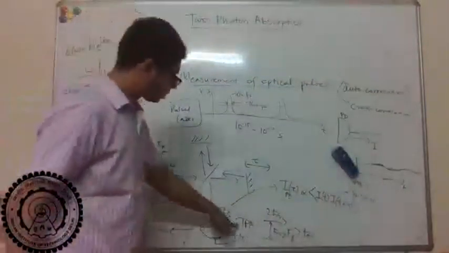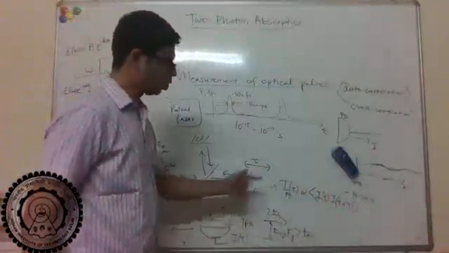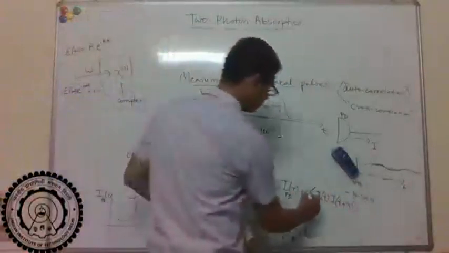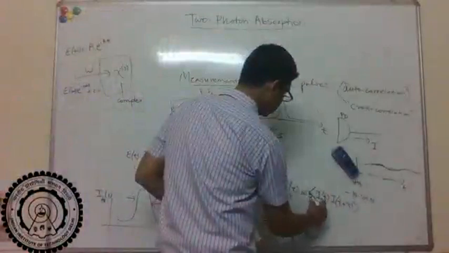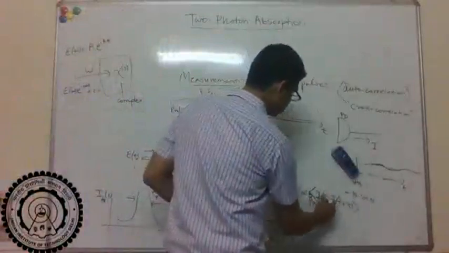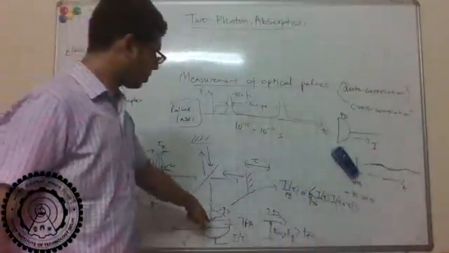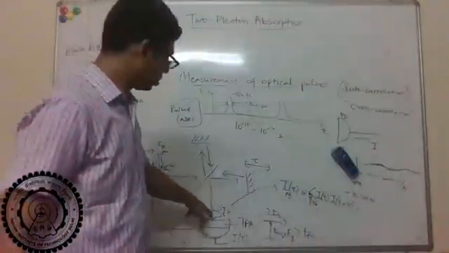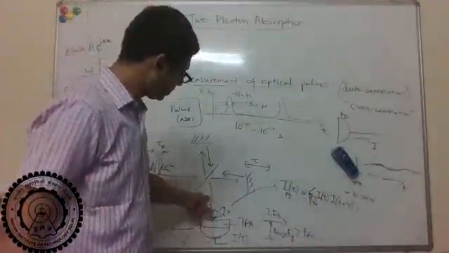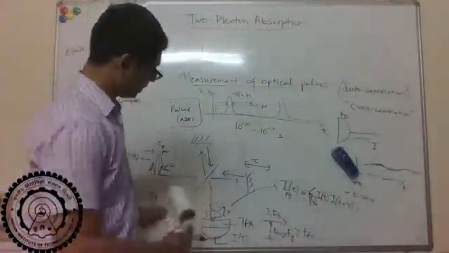Because the signal that you are getting is two-photon absorption, it will be proportional to the two-photon coefficient times the product of the intensities. So you'll get a signal which is proportional to the product.